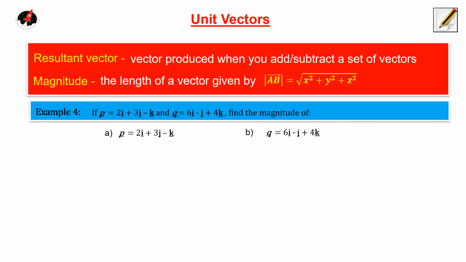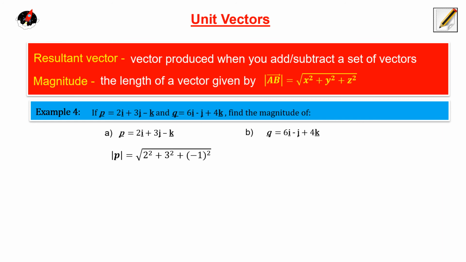So, firstly, we just need to think about it in terms of the components. If we have 2i, that means we would have a value of 2 in the x direction, so that would be 2 squared. We've got 3j, so we have a value of positive 3 in the y direction, so that would be 3 squared.